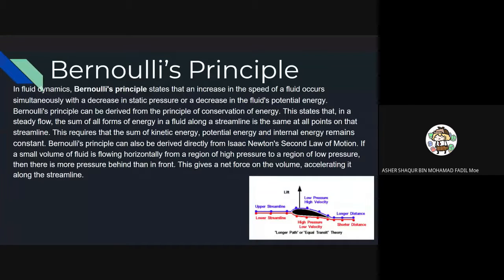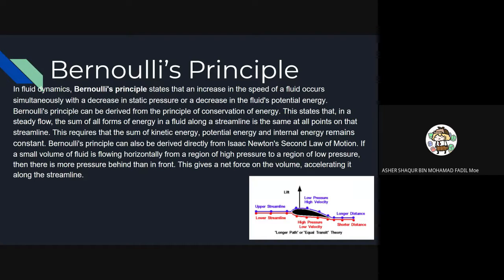If a small volume of fluid is flowing horizontally from a region of high pressure to a region of low pressure, then there is more pressure behind than in front. This gives a net force on the volume, accelerating it along the streamline. Sorry about that.